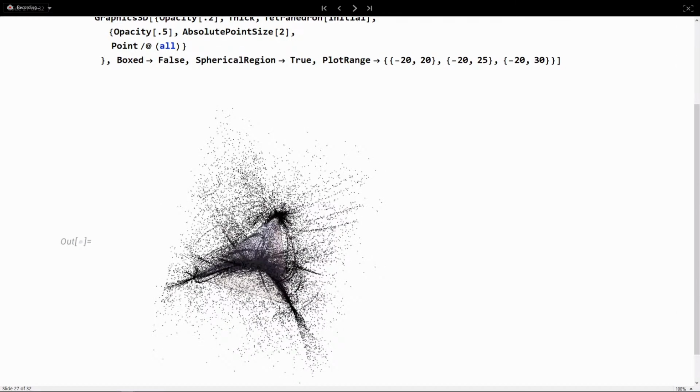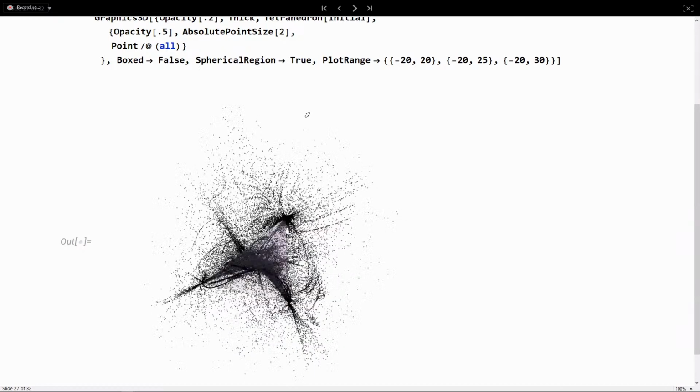However, since there's 147,000 points, just rotating it by hand is slow. So we're going to make a nice movie of that to show how all these work. And this has never been seen before. There's a whole bunch of curves and whatnot here that aren't well understood.